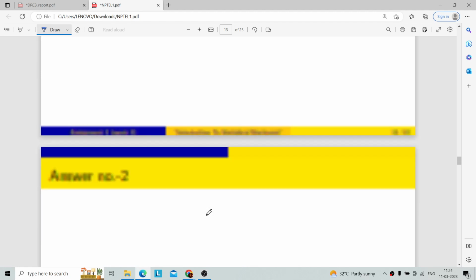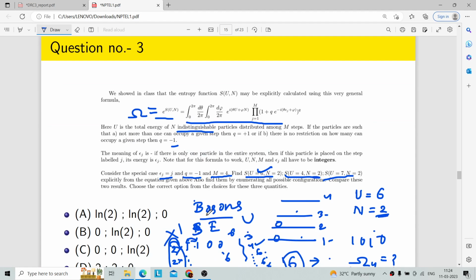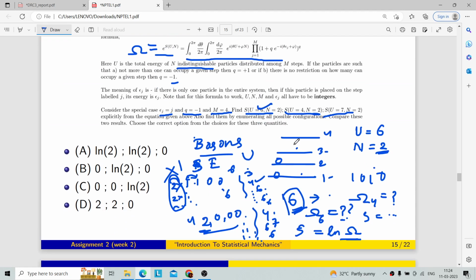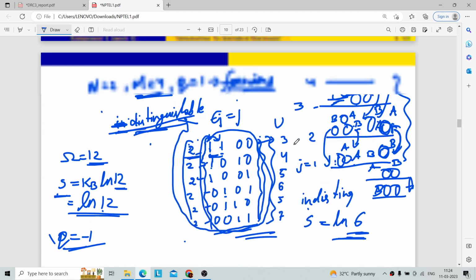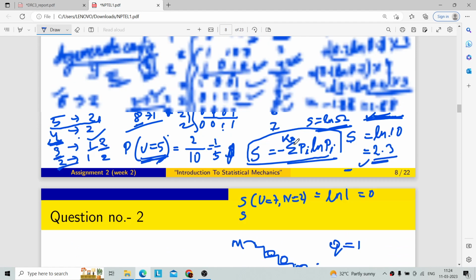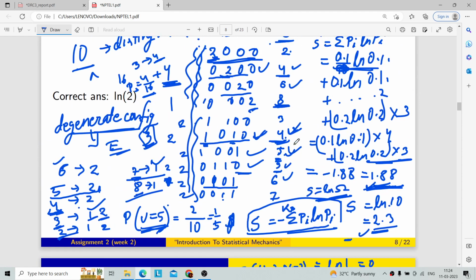Similarly, we can do the others. We are asked 4 and 6. Let's check. As it is already done, we can do this here. How many 4s do we have? 2.